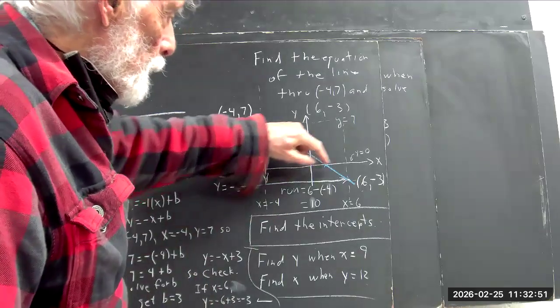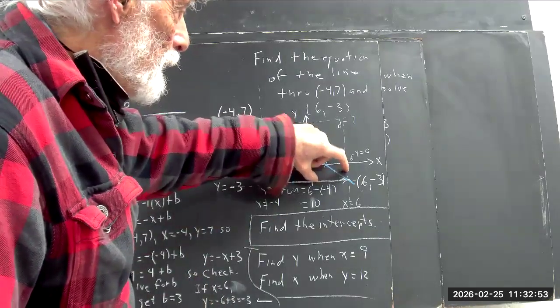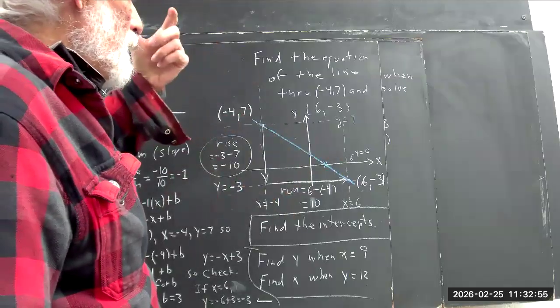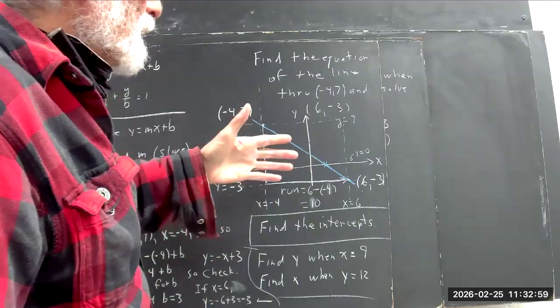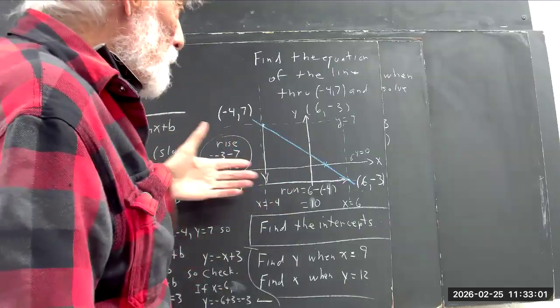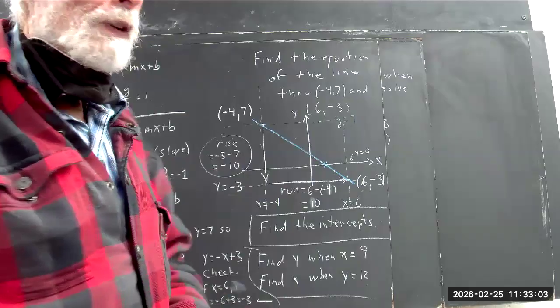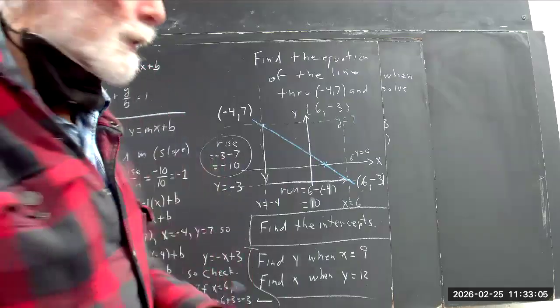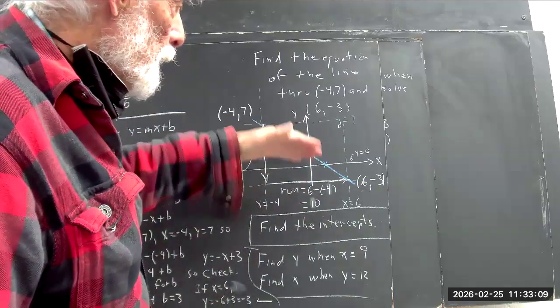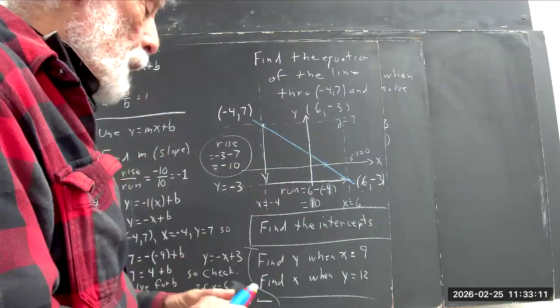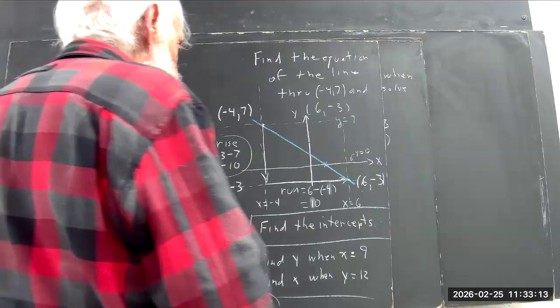Now, if this is 0 and this is 6, x equals 3 should be halfway between 0 and 6, but I wasn't real careful. My hand sketch graph isn't totally accurate. My y-axis is probably a little too far this way, or my x-axis is maybe a little too high.